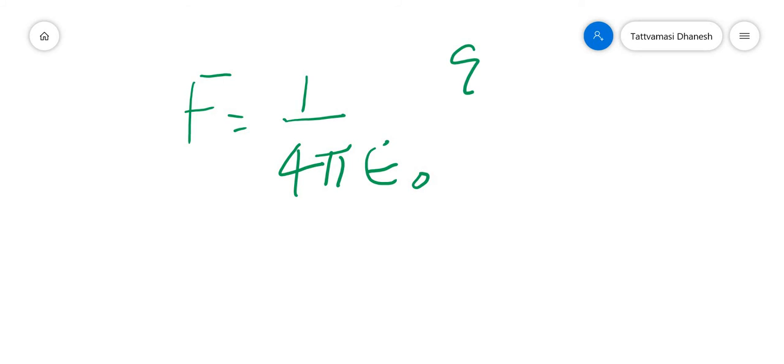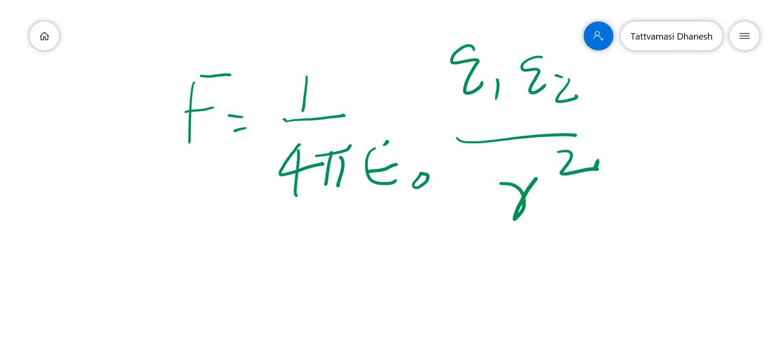The mathematical statement is F is equal to 1 by 4 pi epsilon 0 Q1 Q2 divided by R square.